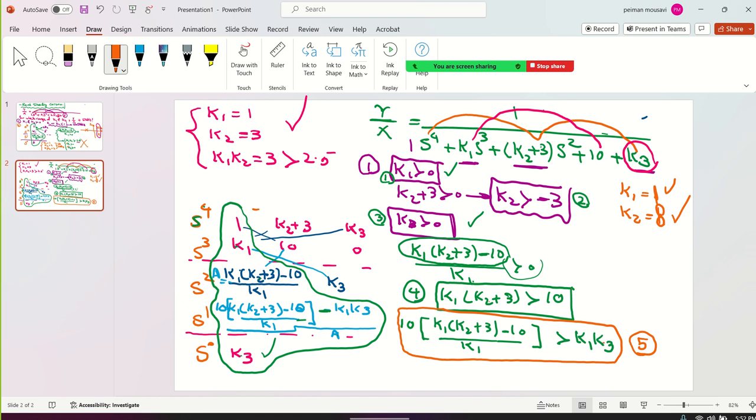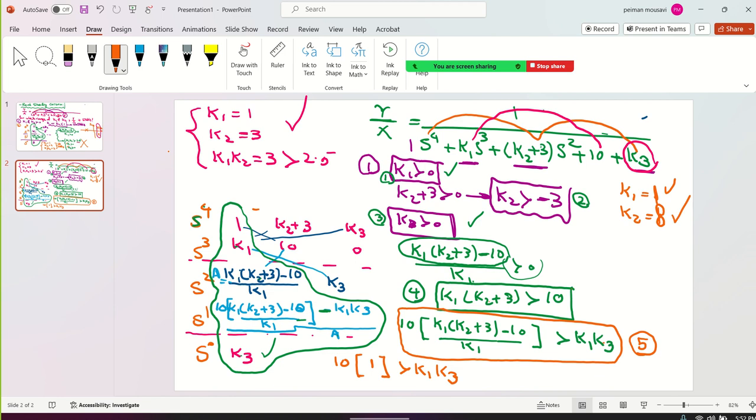What about K3? Let me implement numbers here. K1 is 1, so this is going to be 1. 1 greater than K1, K3. K2 is 8, 11 minus 10 is 1 divided by 1. 10 by 1, 10.